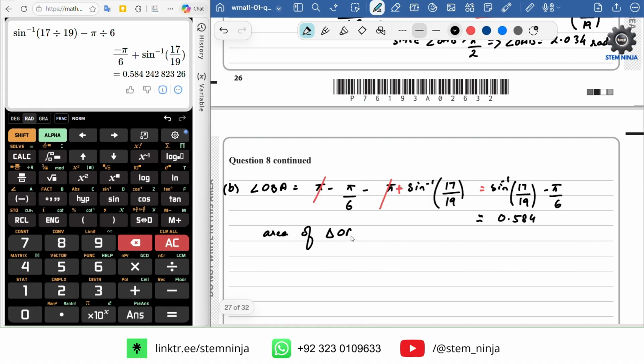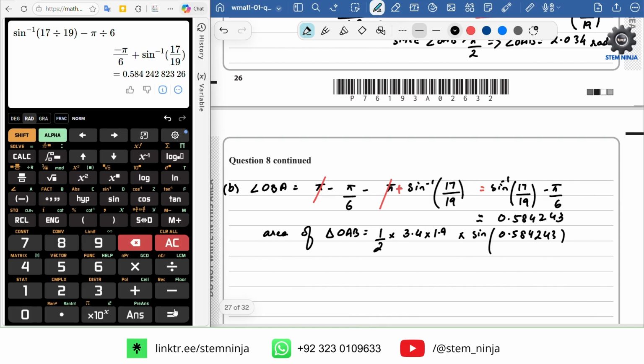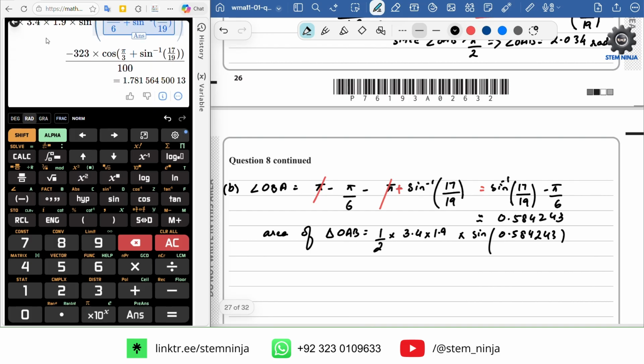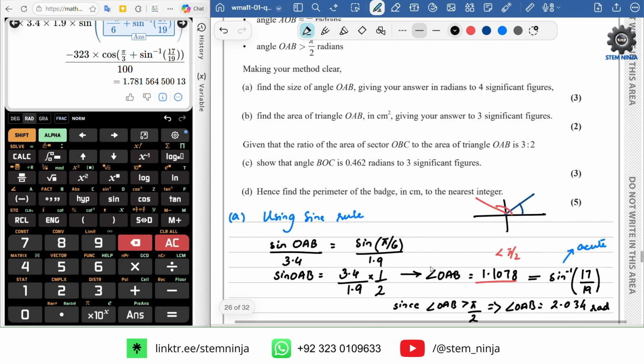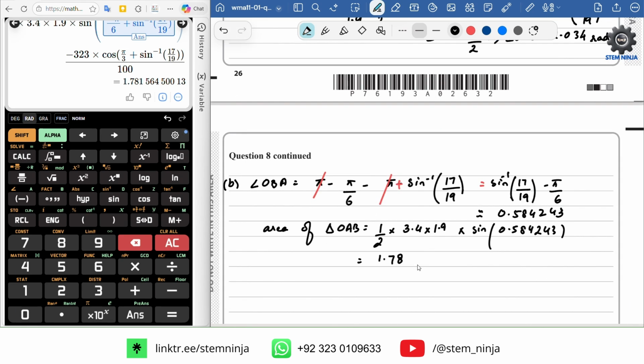So area of triangle OAB is half times 3.4 times 1.9 times sine of this angle, 0.584243. So we save this. 0.5 times 3.4 times 1.9 times sine of answer, we get 1.782. The area we needed in 3 significant figures, so 1.78.